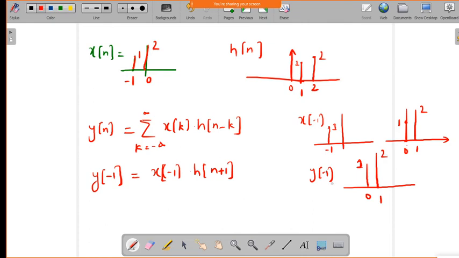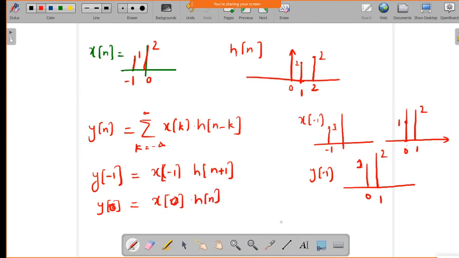So this is your y of minus 1. Similarly y of minus 2, which will be x of minus 2, sorry, so here minus 1 at 0 is there. Now y of 0 I will compute, x of 0 into h of n.